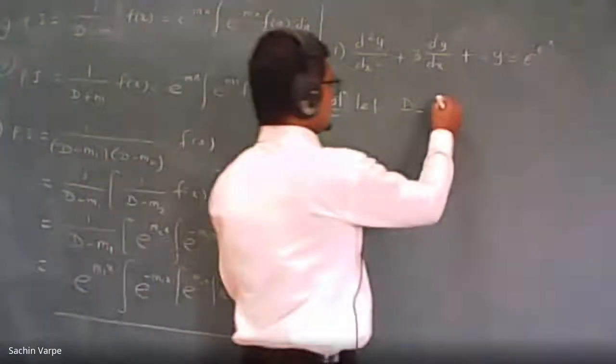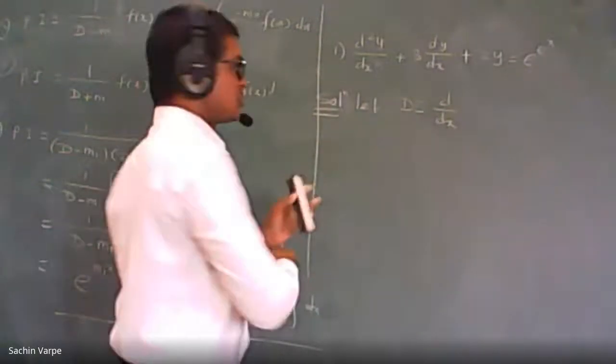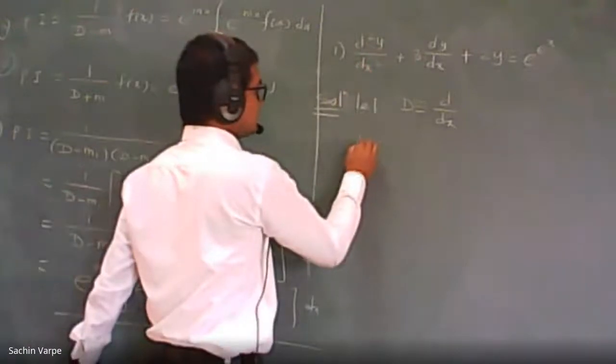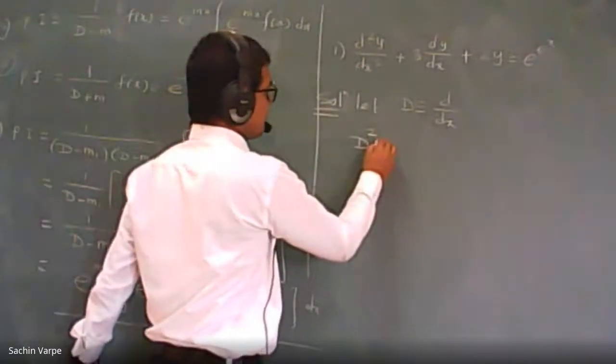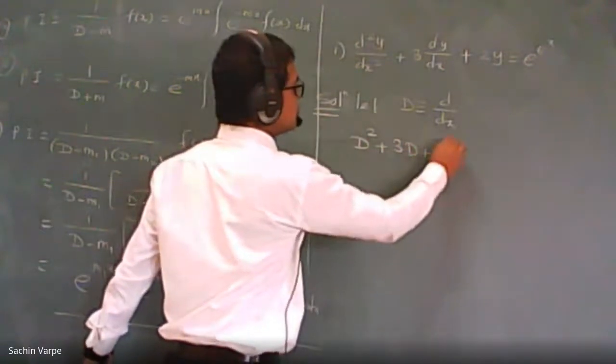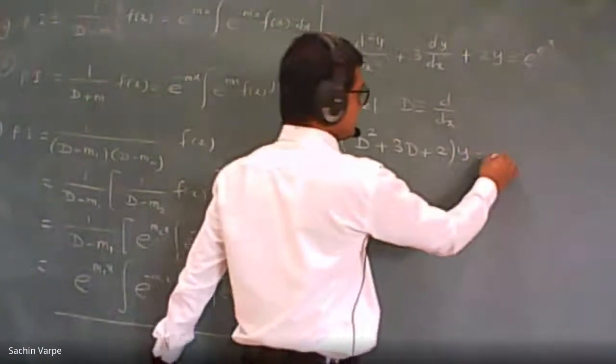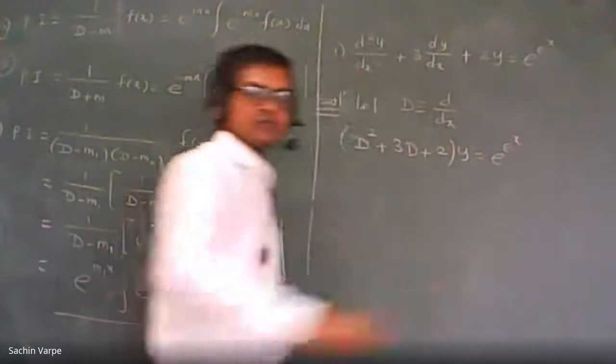Okay, so D is equivalent to derivative with respect to x. So introduce this capital D into this. We will get D square plus 3D plus 2 times y. I am directly taking the independent variable outside the operator, is equal to e to the power x.